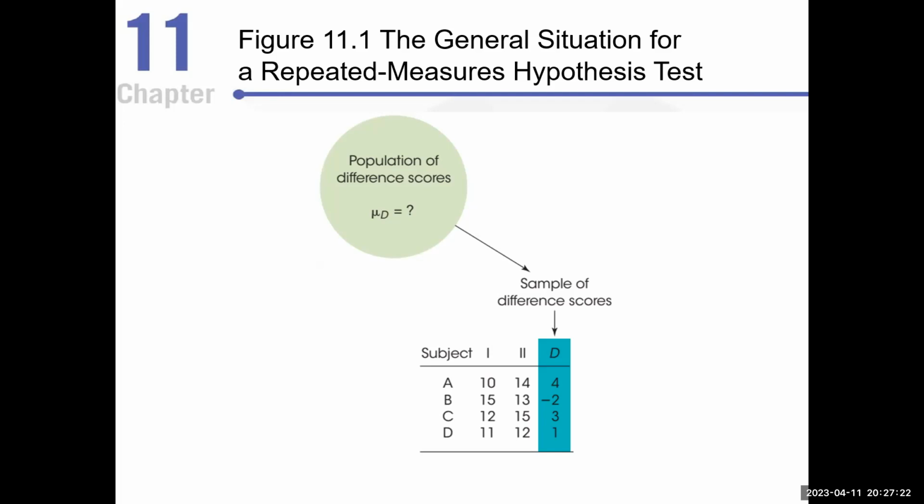With that, you divide that 6 by 4, and that average is what we'll use to estimate the difference score for the population, right? So again, we're taking an average and making an inference to the overall difference scores for the population.